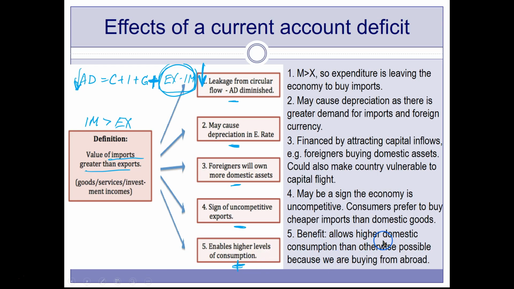So it allows higher domestic consumption than otherwise would be possible if we didn't purchase these products from abroad. So these are some of the effects of a current account deficit, and these are the explanations why it is undesirable to run a current account or trade deficit for an extended period of time.